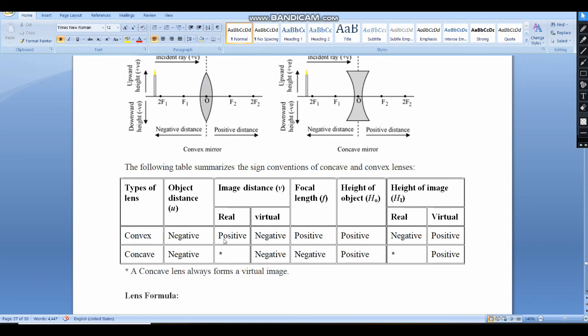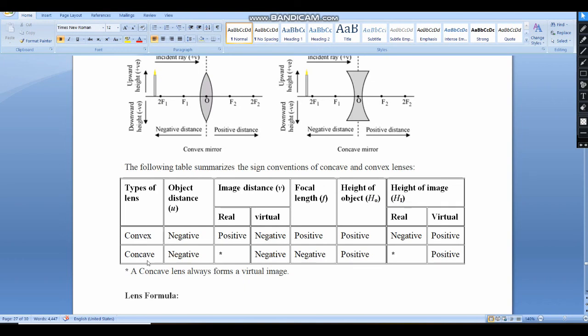Image distance v is positive for a real image and negative for a virtual image, and focal length is positive. Height of the object is positive because it is above the principal axis, and height of the image is negative for a real image and positive for a virtual image. If the virtual image is formed here, it is positive.